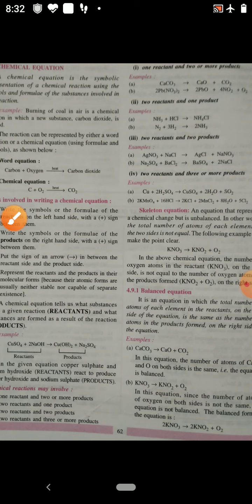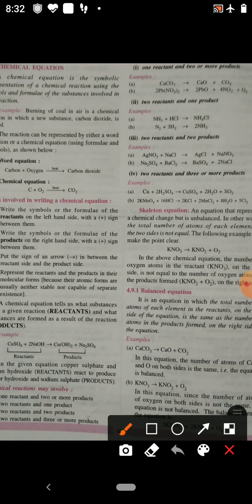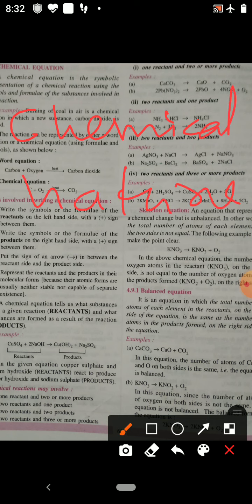Children, you have to know the information a chemical equation provides. First information a chemical equation provides is about the chemical nature of reactants and products.